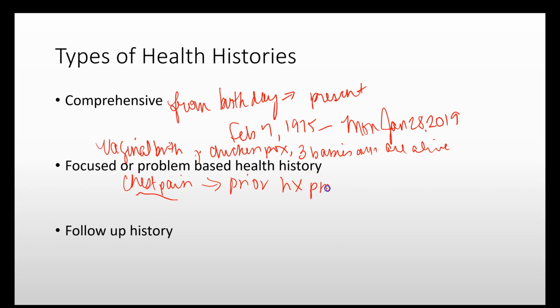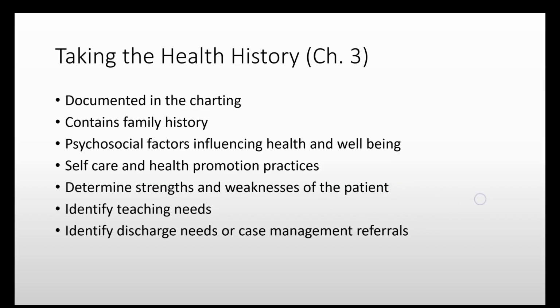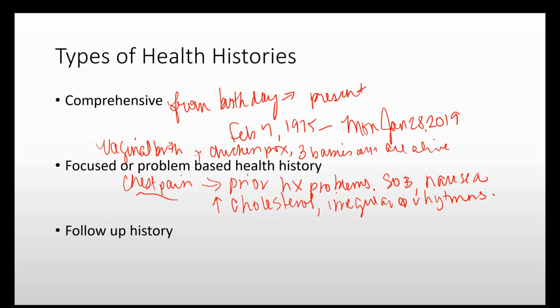We want to know if they have any shortness of breath (SOB), any nausea, any history of high cholesterol, and any irregular heart rhythms. All of these pieces fall under the focused health history.